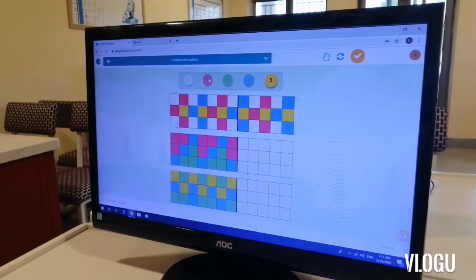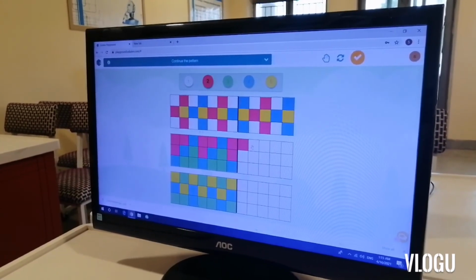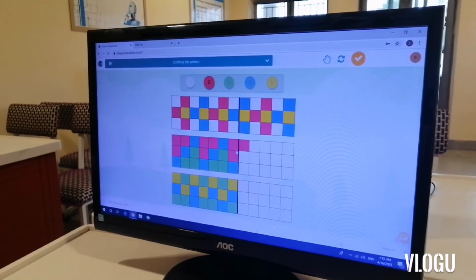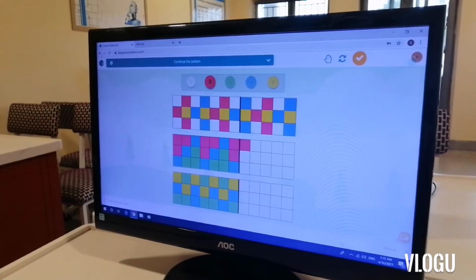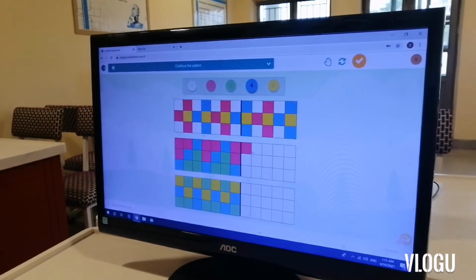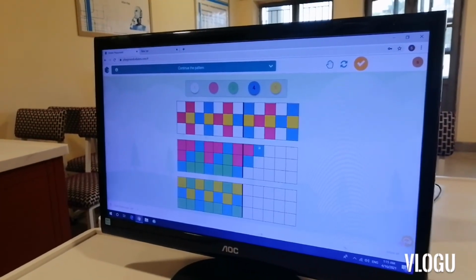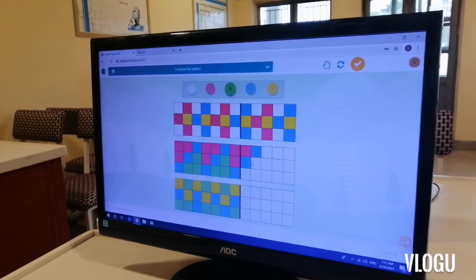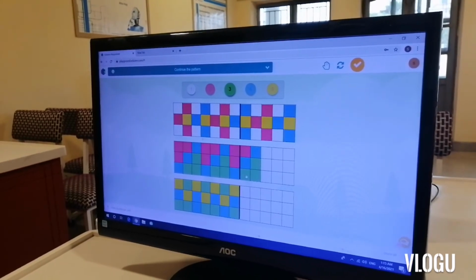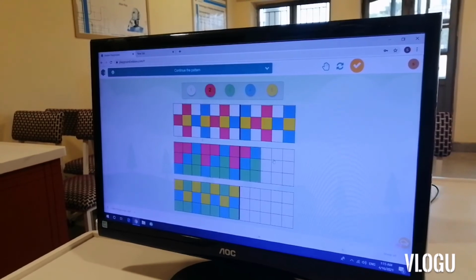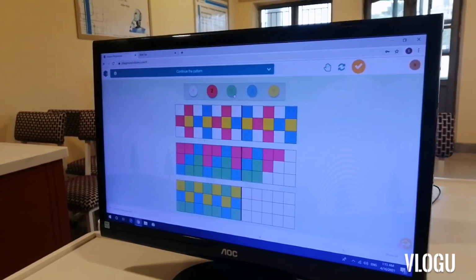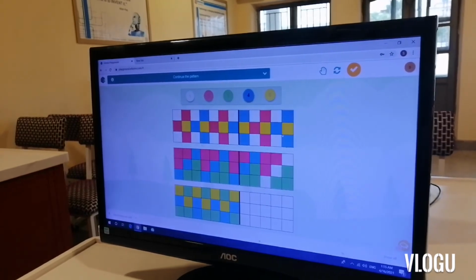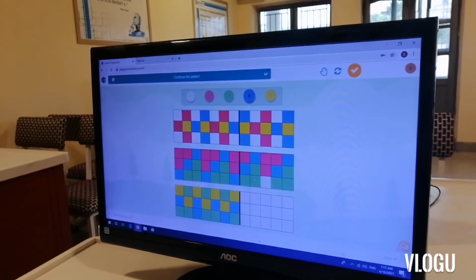So I will pick the pink one first, 3 shades for pink. Then I will choose the blue color to cover this straight line, and now I select the green one to complete the square. Again pink, green, and blue, to complete the pattern.